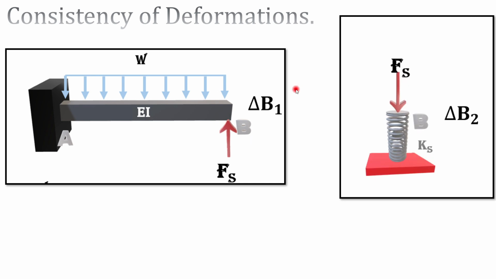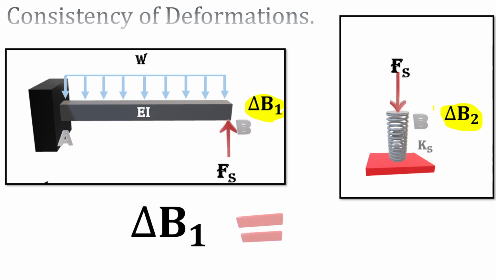And the consistency of deformation just says delta B1 is equal to delta B2. So this is delta B1 in the beam system and delta B2 in the spring, and delta B1, due to consistency of deformation, should be equal to delta B2.